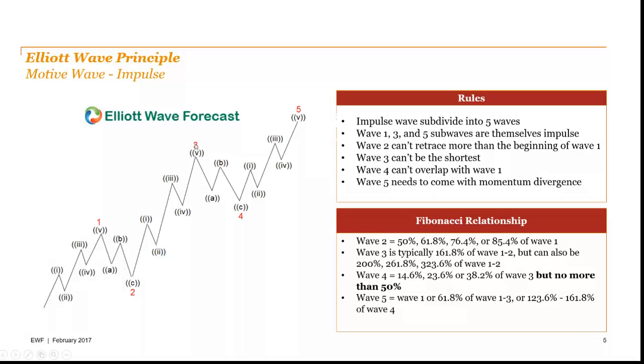Meaning, you measure the length of wave 1, and then you project it starting from wave 2. This wave 3 usually is going to be at least 1.618 of wave 1. So more than just 1.5.